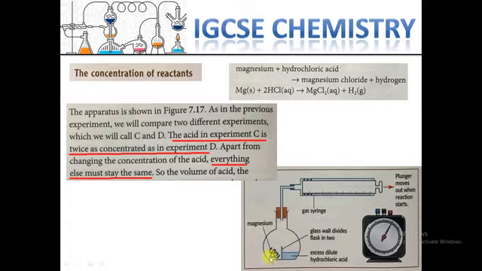So we are going to use the same amount of magnesium but half the amount of hydrochloric acid, so the concentration of this solution for sample C will be twice as high as experiment D. For sample D we need to use more hydrochloric acid, so the concentration will be reduced to half compared to C. So here we have two different concentrations of reactants, C, which is twice as concentrated as sample D. The rest, the temperature and everything, should be the same.